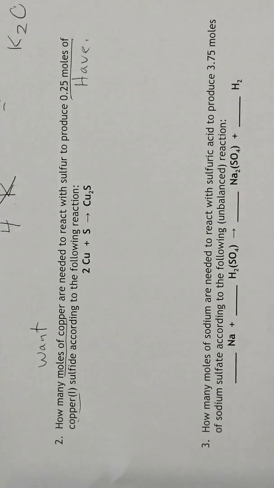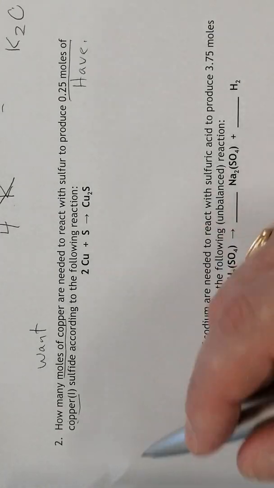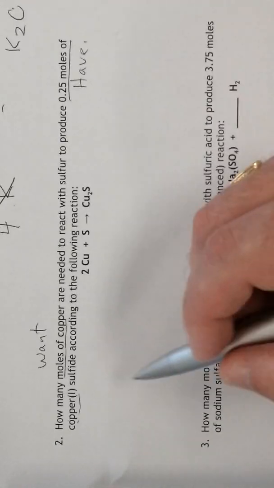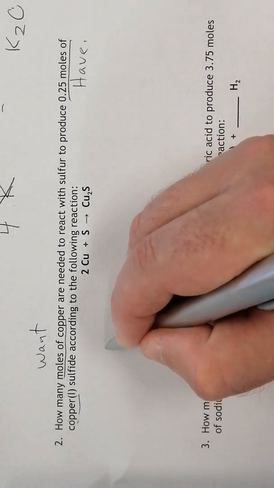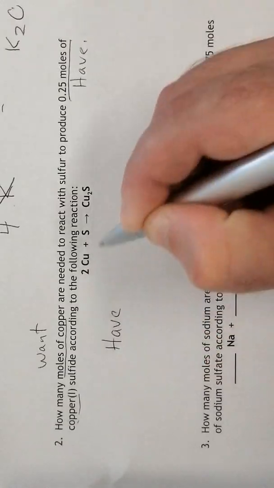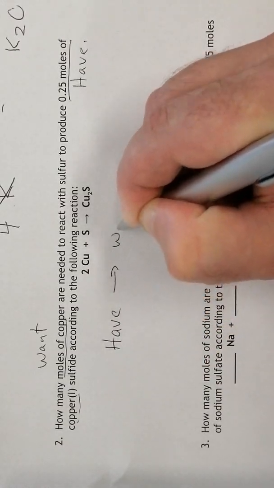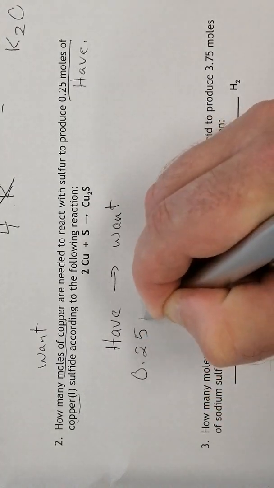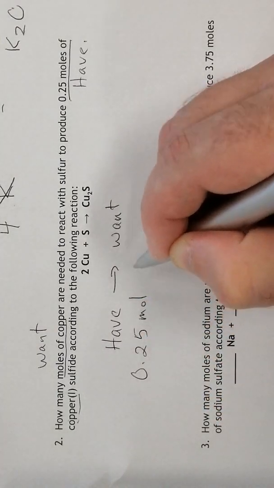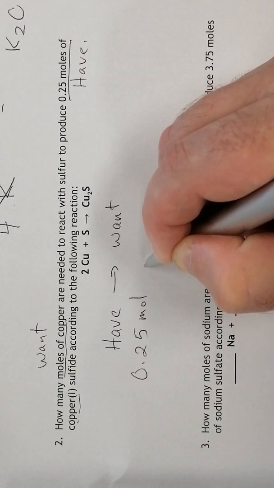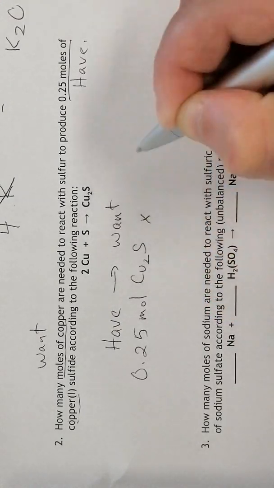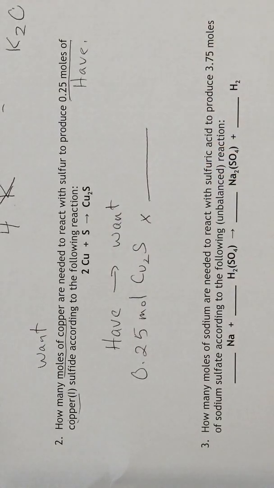So when I'm writing this, I'm going to start with what I have, and I'm going to go to what I want. So I have 0.25 moles of Cu2S. I'll multiply it by some sort of ratio.